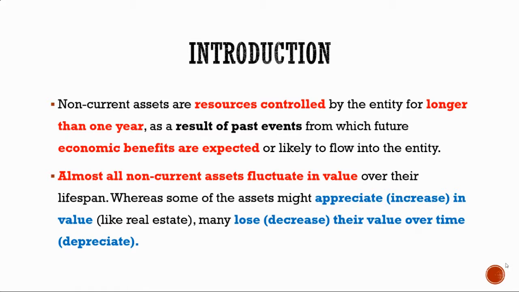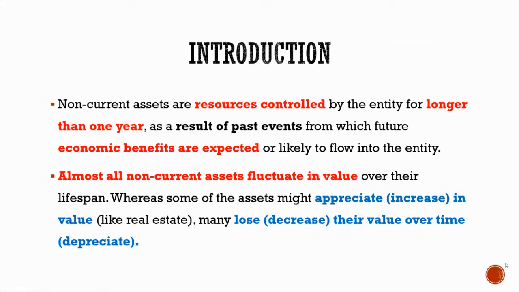Whether I rent it out, for example, if it's a property, or whether it's a motor vehicle and I'm going to use it to do deliveries, I will get some form of benefit, which will generate some type of income for the business. Now, most of your non-current assets will fluctuate in value. There are two types of fluctuations.